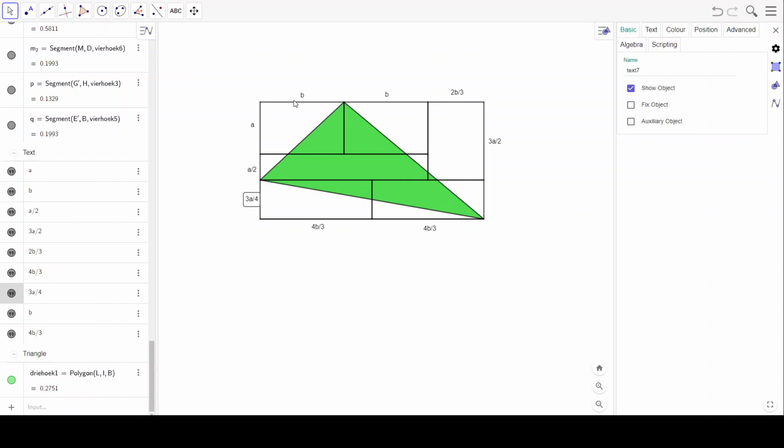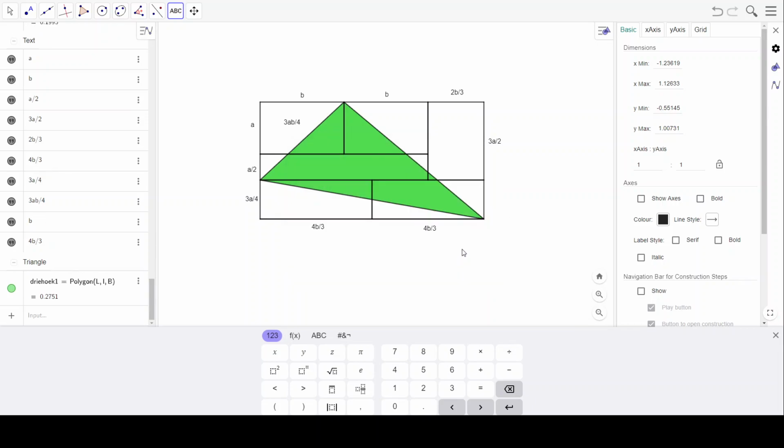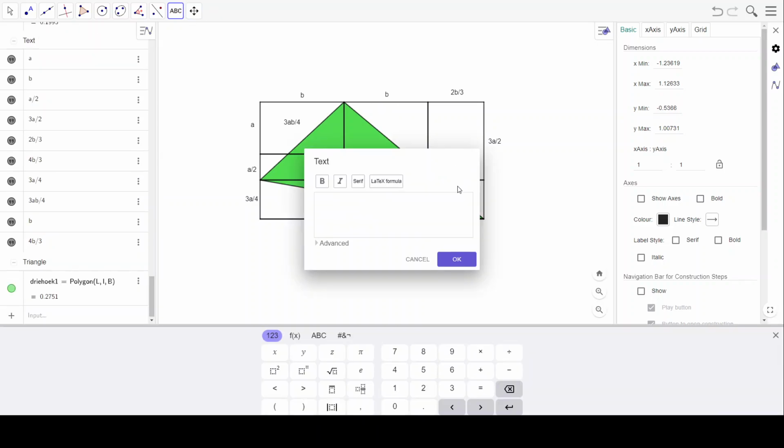So you can multiply the B times the height, which is 3A over 2, divided by 2. I leave that to the reader. What you can see is that this triangle has area 3AB over 4, and you can easily calculate this, and it turns out that that triangle is 15AB over 8.